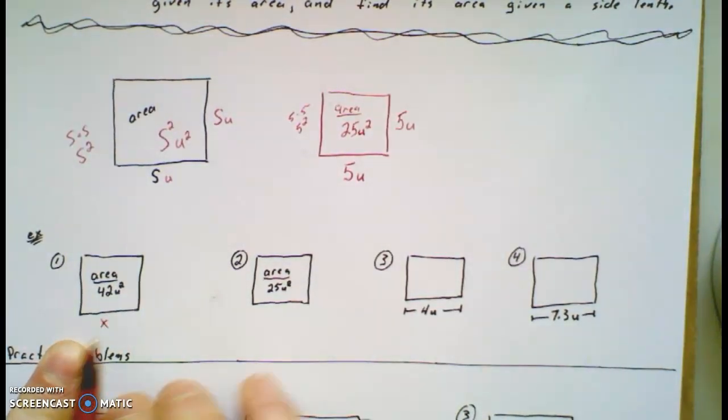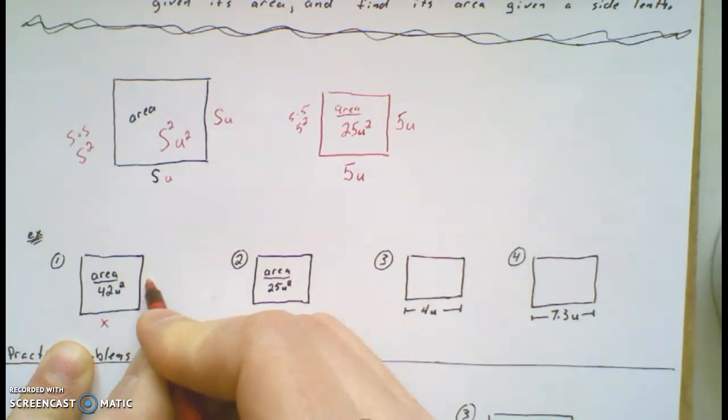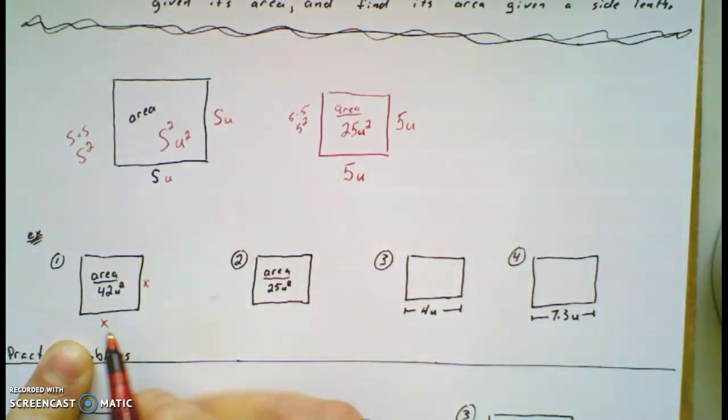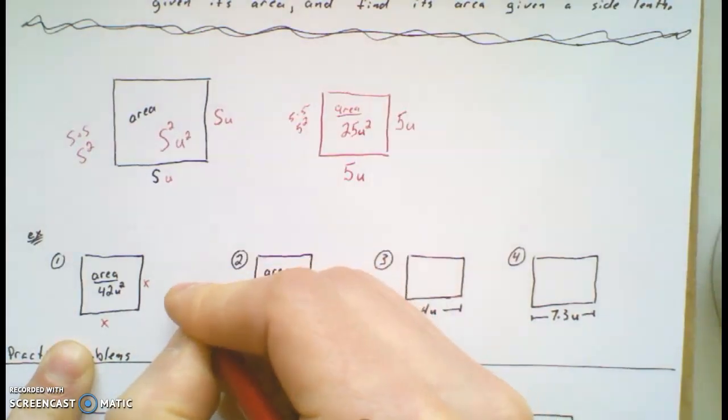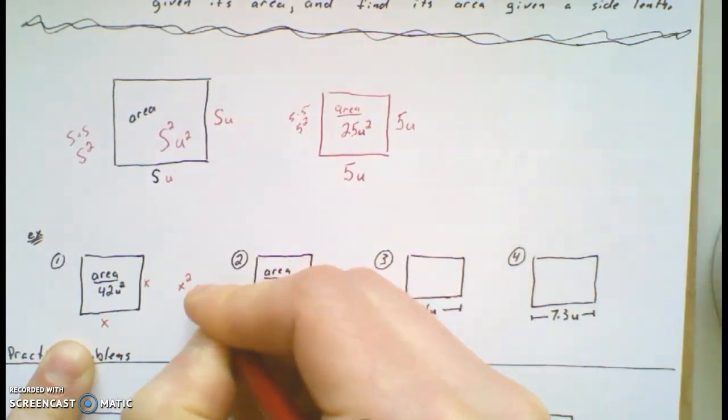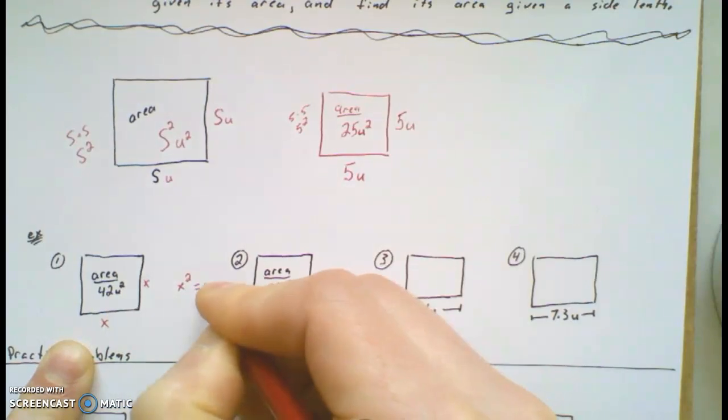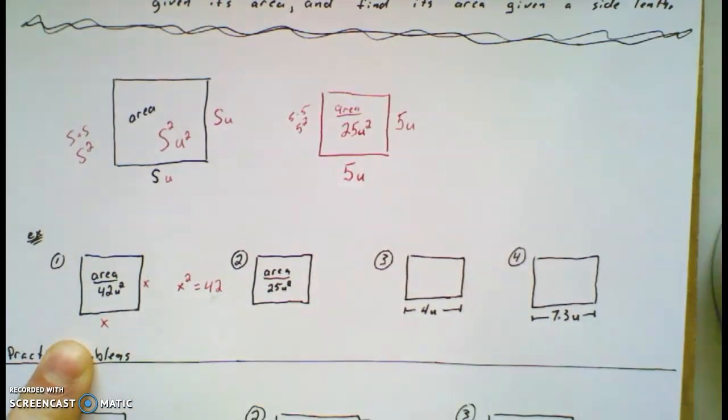I'm just going to call it x because I don't know what it is right now. And that allows me to set up an equation. So if this side is x, we also know this side is x. So what the equation tells us is this times this, x times x, or x squared, equals the area, equals 42. And that gives me an equation I can solve.